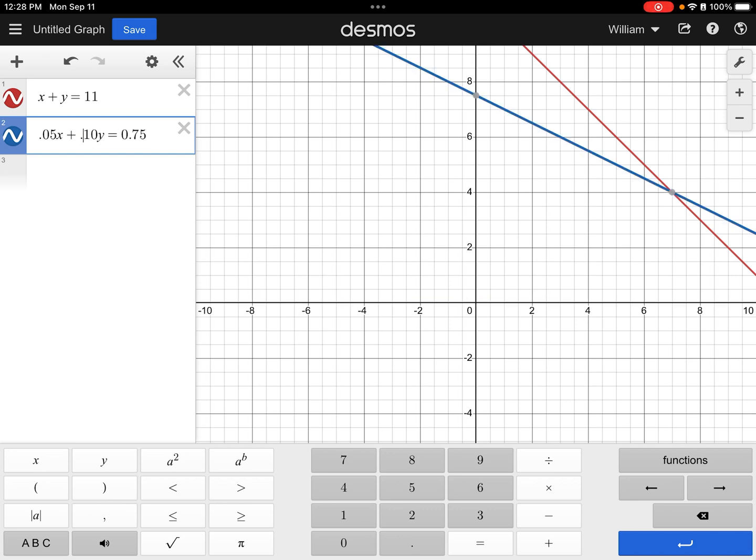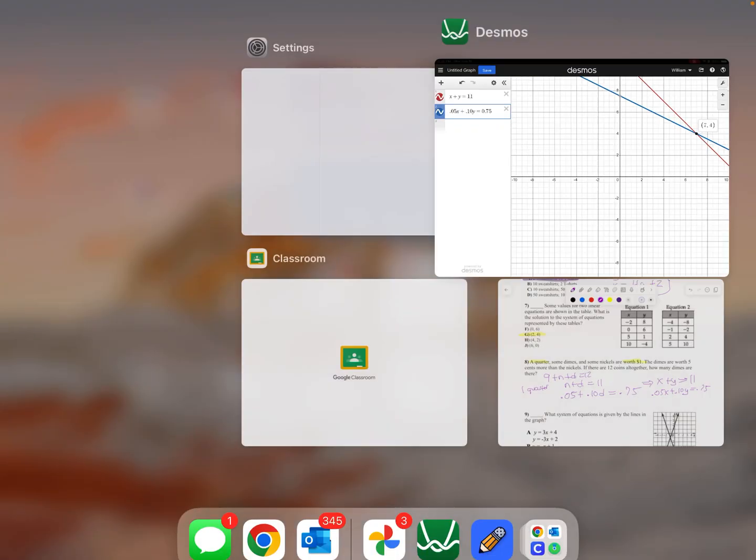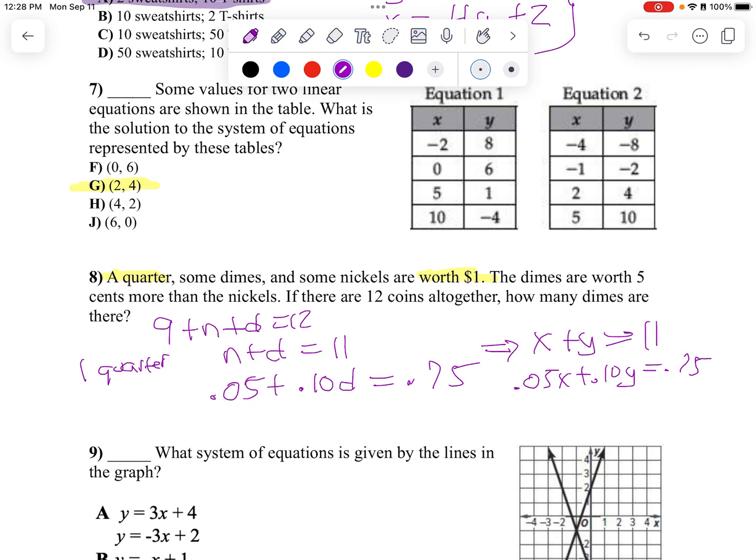Got to make sure you type it in correctly. And we can see where they cross. We're going to have 7 nickels and 4 dimes. And highlight that or put a box around it so we know.